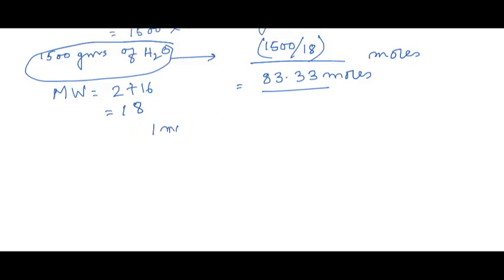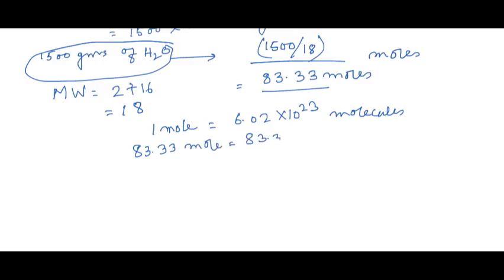So we know 1 mole is equal to 6.02 into 10 to the power 23 molecules. So here 83.33 moles is equal to 83.33 into 6.02 into 10 to the power 23 molecules.